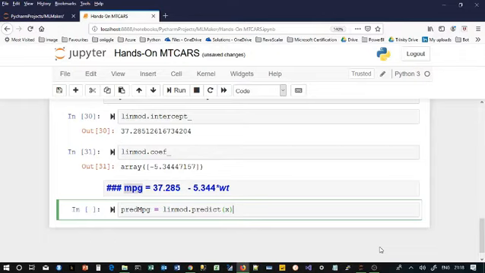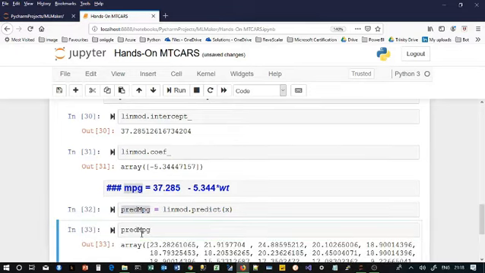So x is the variable with which I built the model in the first place. I built it, it has given me an equation, and now I am reusing the same x to see how good this equation is. I run that.